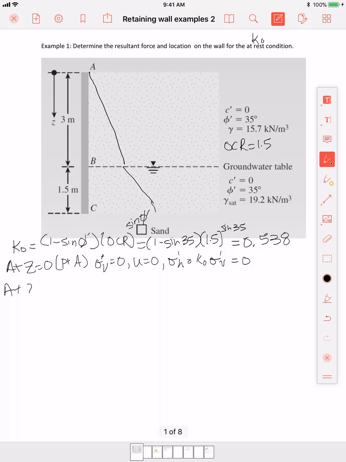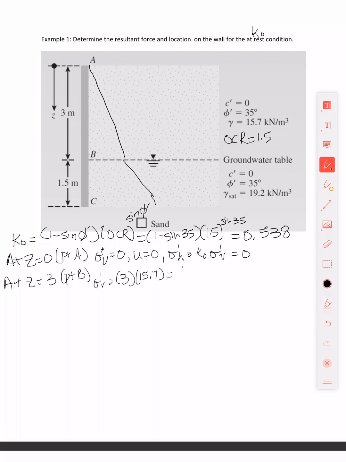At Z equals 3 meters, which is point B, our vertical stress is 3 times 15.7, which gives us 47.1 kPa.